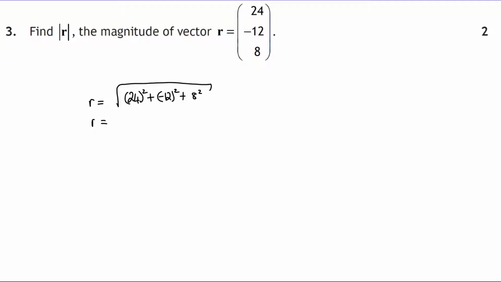So 24 squared plus negative 12 squared plus 8 squared gives us 784. And then we just square root that answer. That gives us 28. So the magnitude of that vector would be 28.